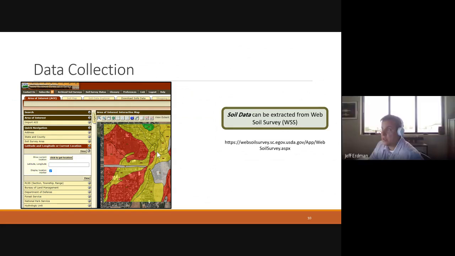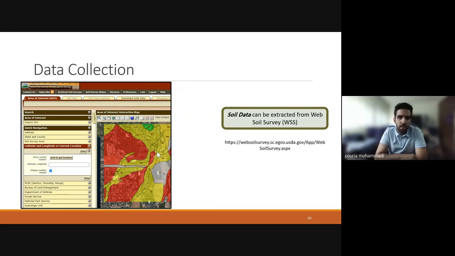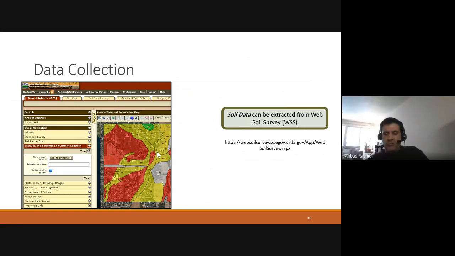Okay, so it wasn't the soil surrounding the pipe. We created an area of interest around the culvert, but it's big. So we consider the huge area, and that's why we can use that data. So, exactly Jeff, thank you for the comment. Yeah, you are right.